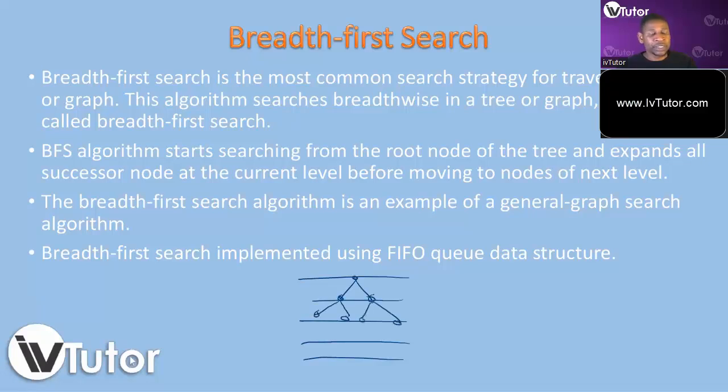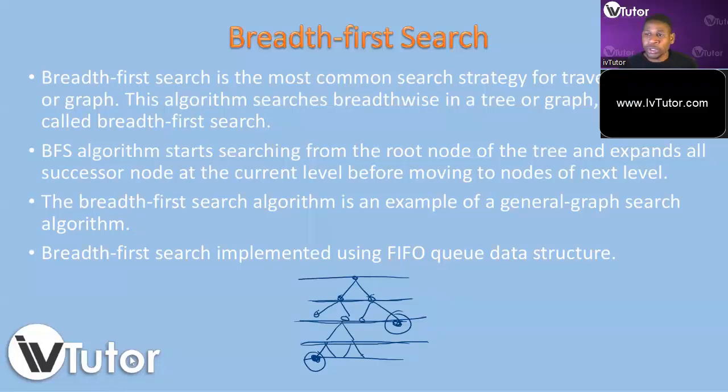It will not search for the solution on the third level before it has searched the prior levels. If you've got multiple solutions, you're not going to find this solution first before you find this one there. So that is why it's called breadth first. It searches for the solution level wise.